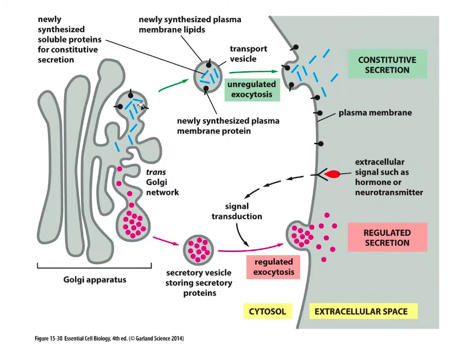Here, vesicles pinch off the Golgi, they travel along the cytoskeleton, and as they do, the contents of the vesicle may mature and change, so that when final delivery is made, the membrane of the vesicle is added to the plasma membrane of the cell, and that would include the black dots, which are proteins. So this is one way of delivering new proteins to the plasma membrane.